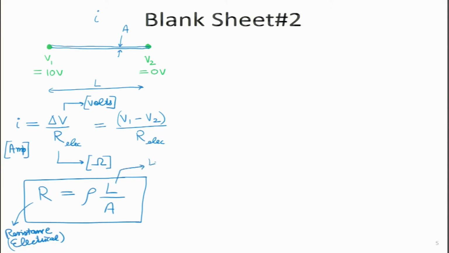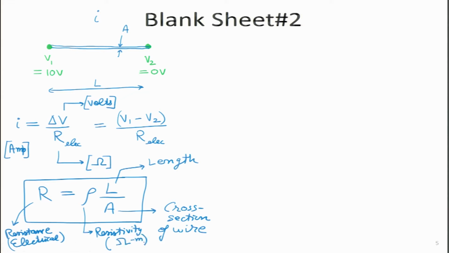L is the length of the wire, A is the cross-section of the wire, and this parameter rho is known as the resistivity, and its units are ohms multiplied by meter.